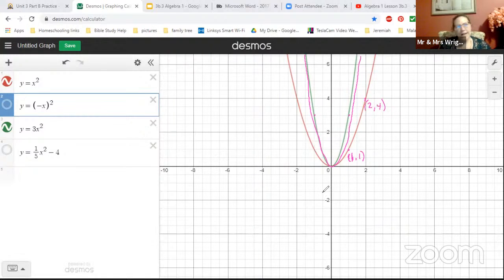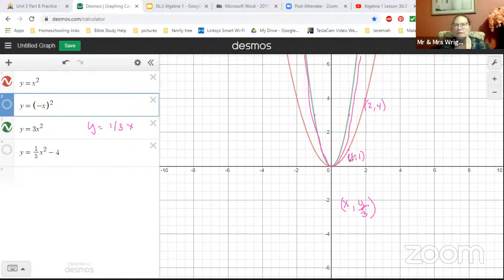So if we had y equals 1/3 x squared, how that would change is our x would still be 1. X is still going to be the same. And our y would be divided by 3 because it's being multiplied by 1/3, right?